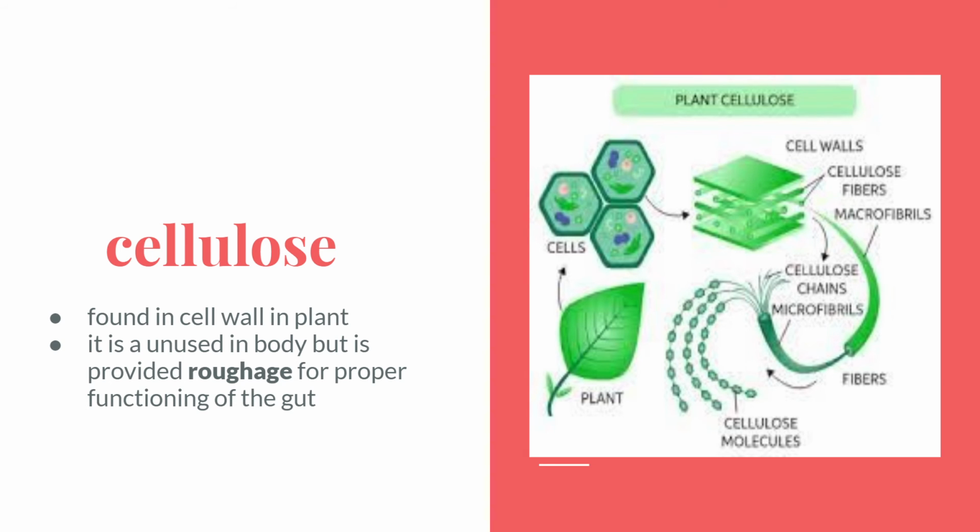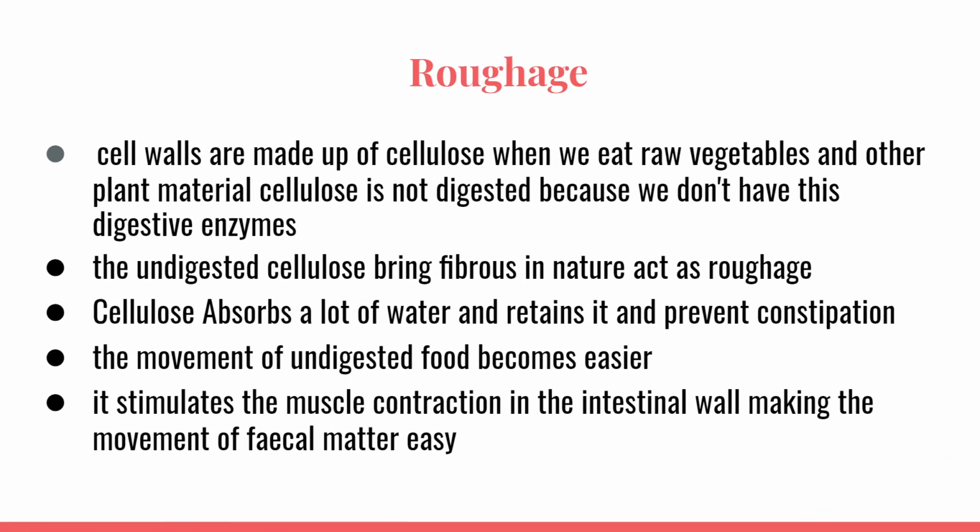Now what is roughage? Let's talk about roughage. Roughage is nothing but cell walls are made up of cellulose, that we know, and we get raw vegetables and other plant material, cellulose and other plant. Okay, so cellulose is actually not digested because humans do not have digestive enzyme for cellulose.